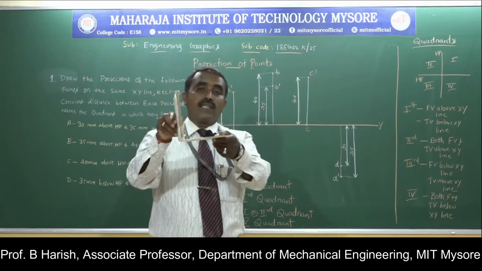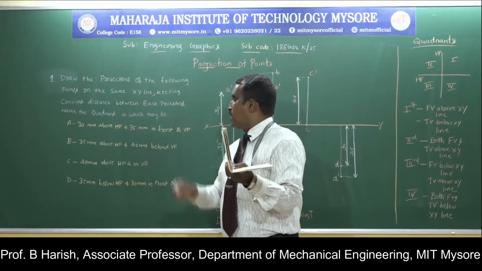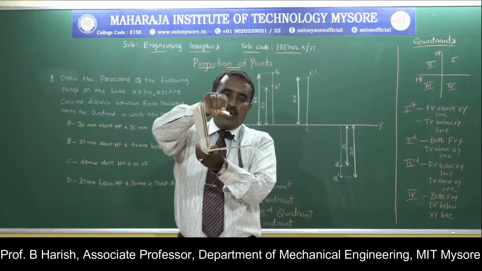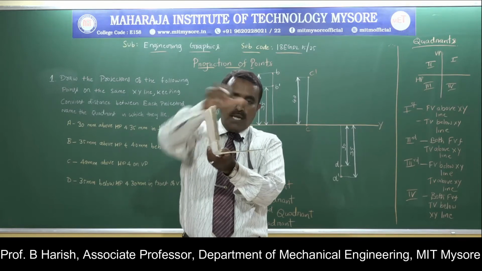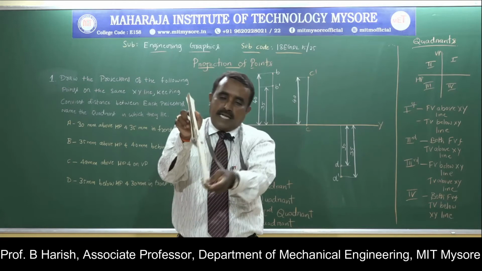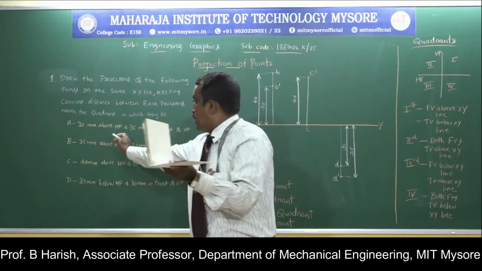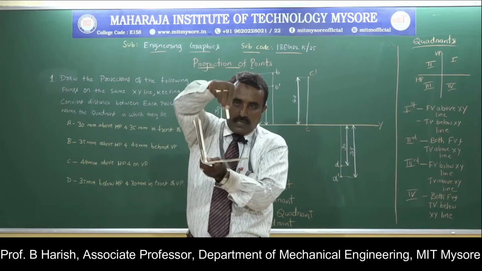So why 30 and why 35 mm? The problem says 30 mm above HP and 35 in front of VP. So this 35 mm in front will be projected on the horizontal plane, that comes below xy line, and 30 mm above HP is somewhere here, this is the distance 30 mm.